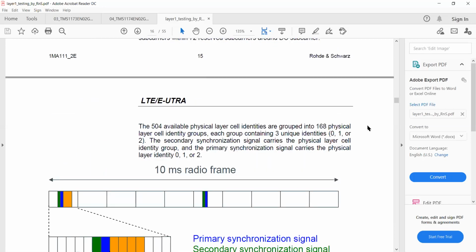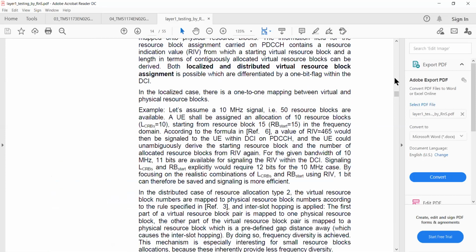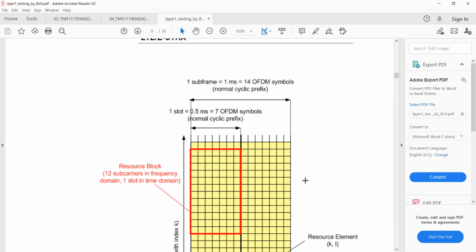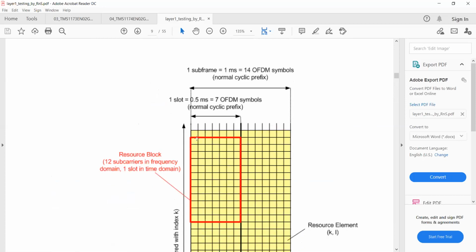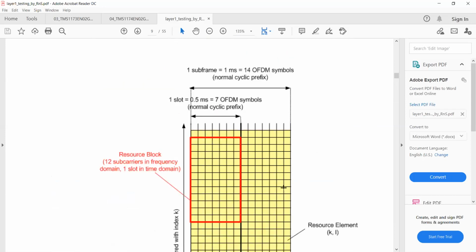And coming to the other part, what I was trying to say. This is the same thing, whatever I explained. Suppose these are our subcarriers in vertical, and these are our OFDMA symbols in horizontal. Suppose one radio frame is of 10 millisecond.